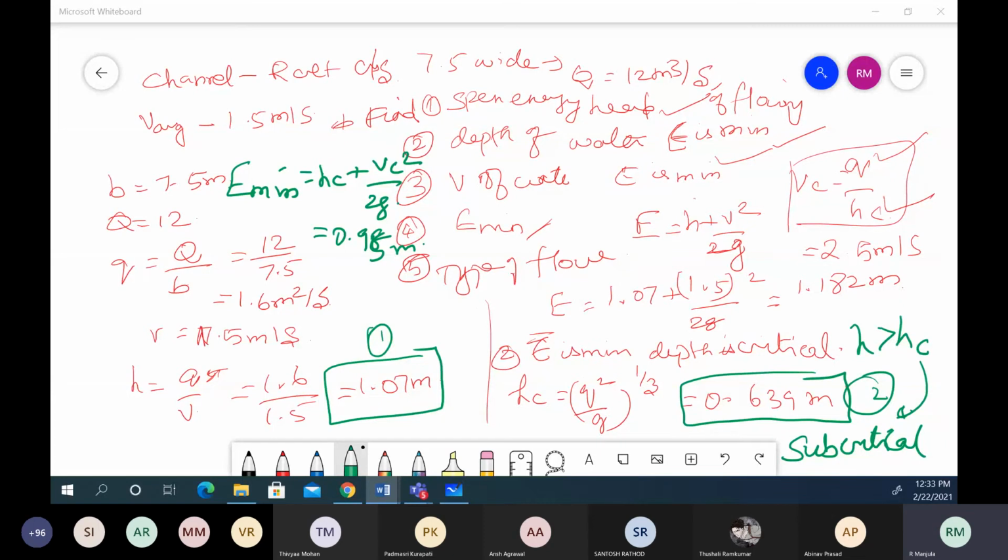Okay, have you understood? Is this problem clear? This is a typical problem. Similarly, you can solve many problems of this kind for understanding the hydraulic jump. Is it clear to you?